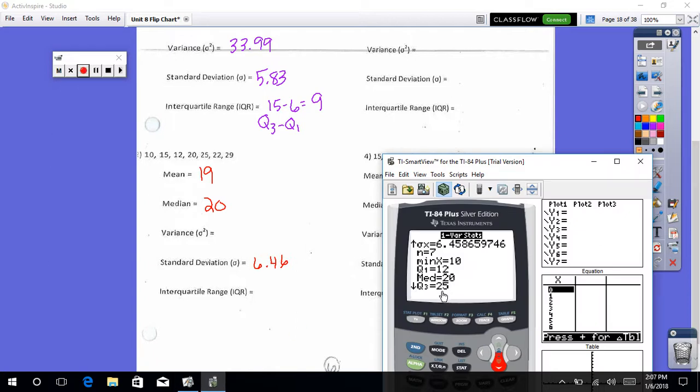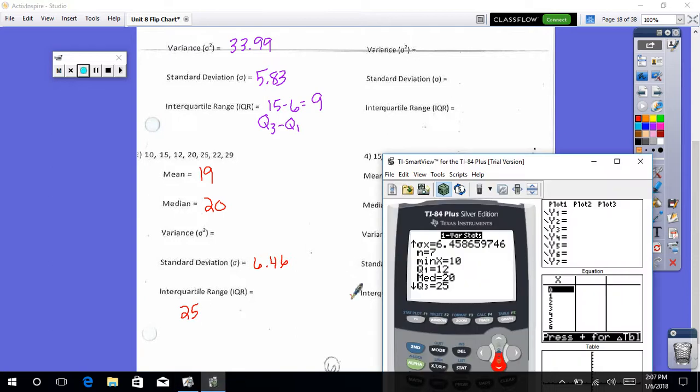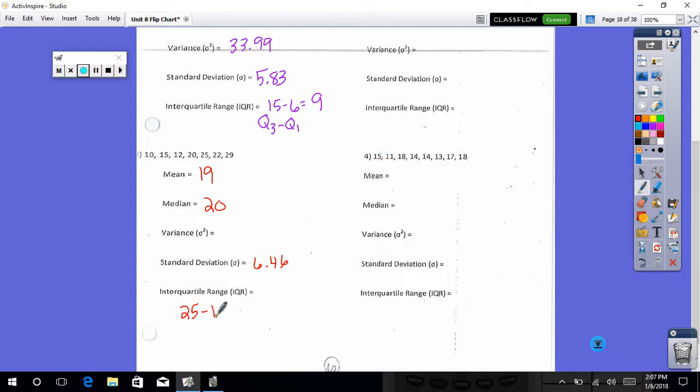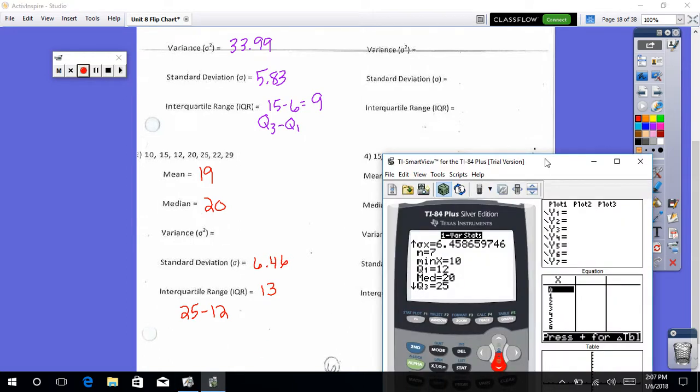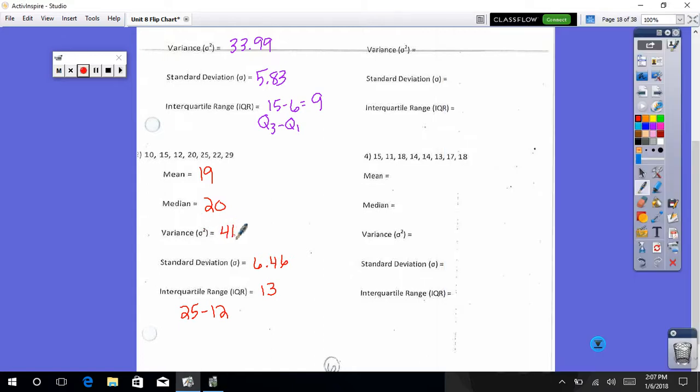My quartile range is the biggest Q, so Q3, which is 25, minus Q1, which is 12. 25 minus 12 leaves us with an interquartile range of 13. And again, to get the variance, we take our standard deviation, we square it, and our variance is 41.73.